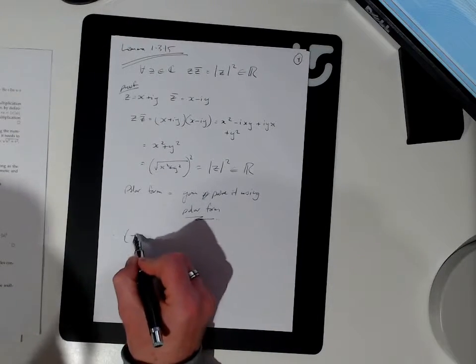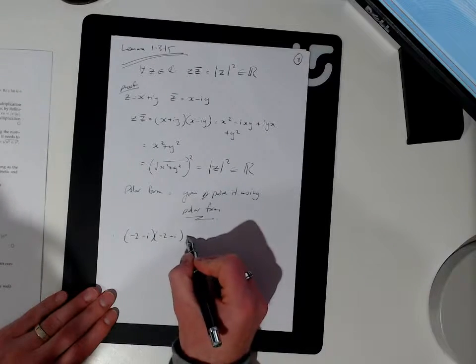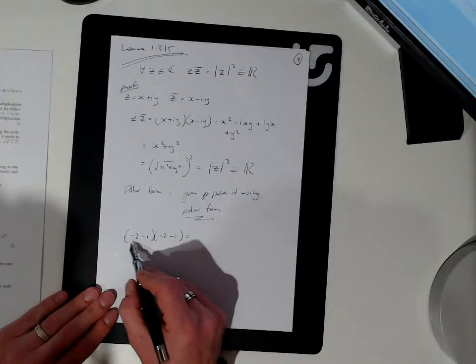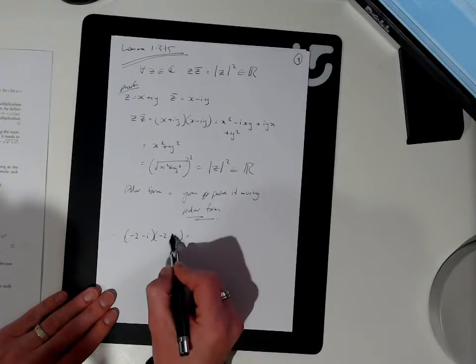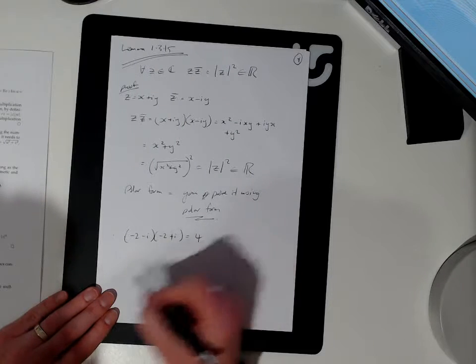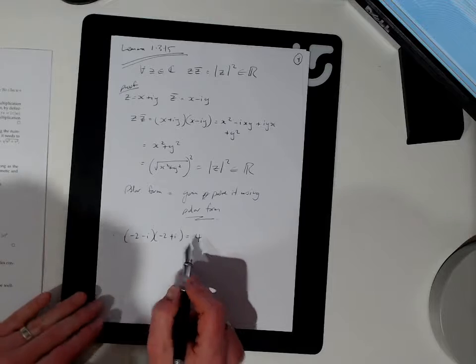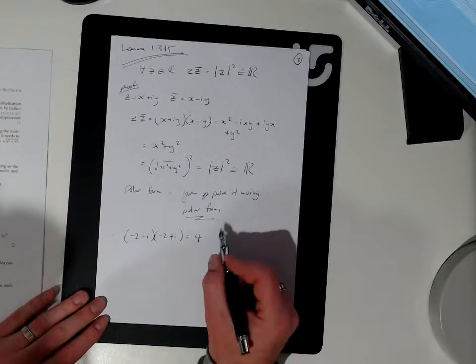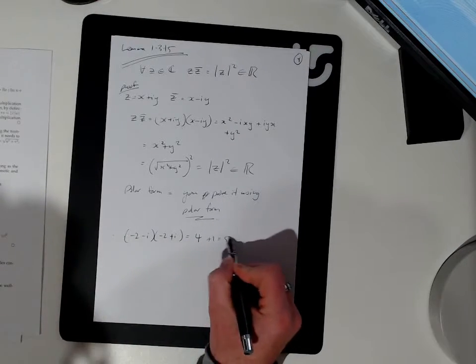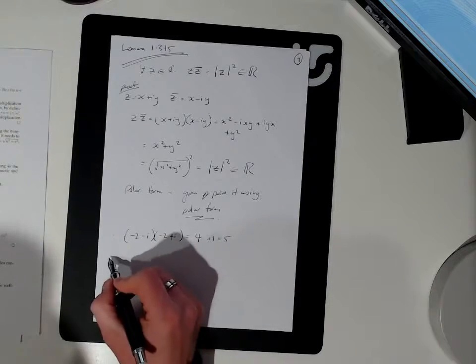And an example: minus 2 minus i times minus 2 plus i. Minus 2 times minus 2 is 4. The imaginary parts cancel, so we don't have to worry about that. i times i is minus 1, minus 1 is in there, so plus 1, equals 5. Check the imaginary parts cancel if you don't believe me.